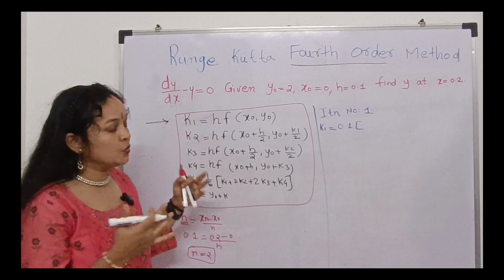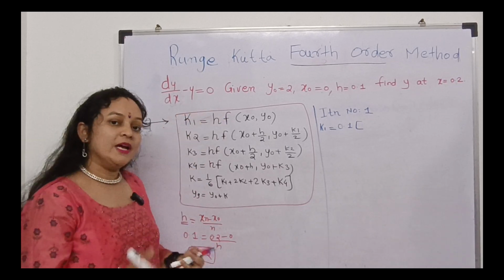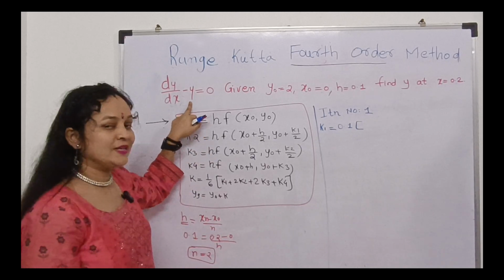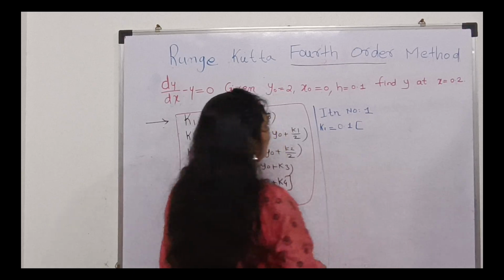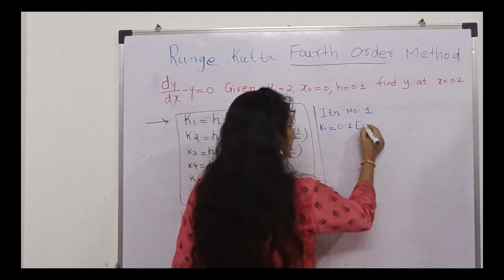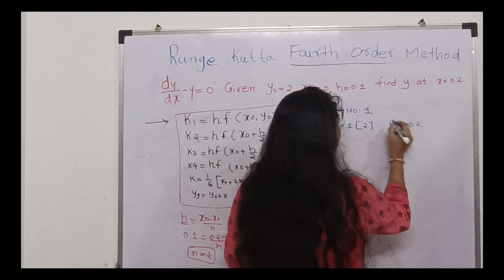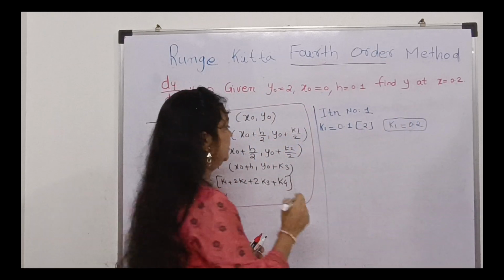So you are supposed to consider minus y is equal to 0. They are giving the function in the form of y only, so you are supposed to consider only y here. That becomes y0. So y0 value becomes 0.2.